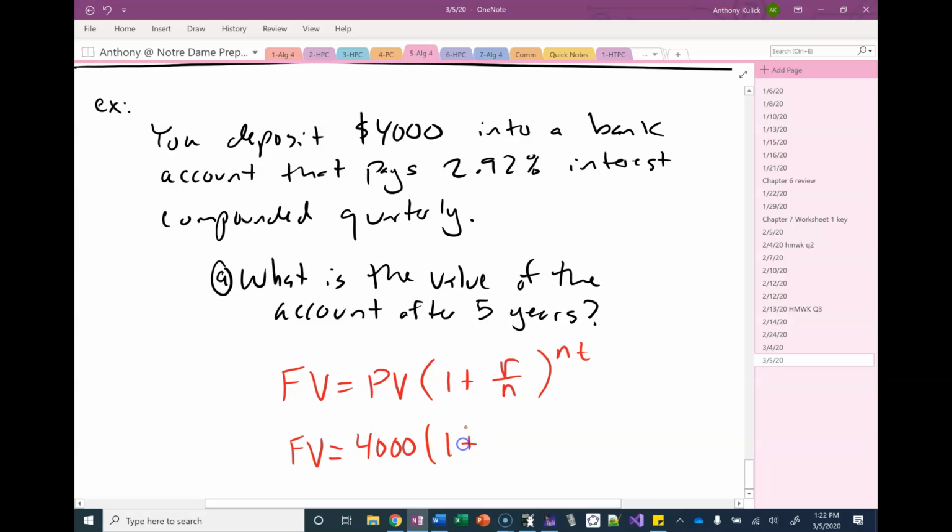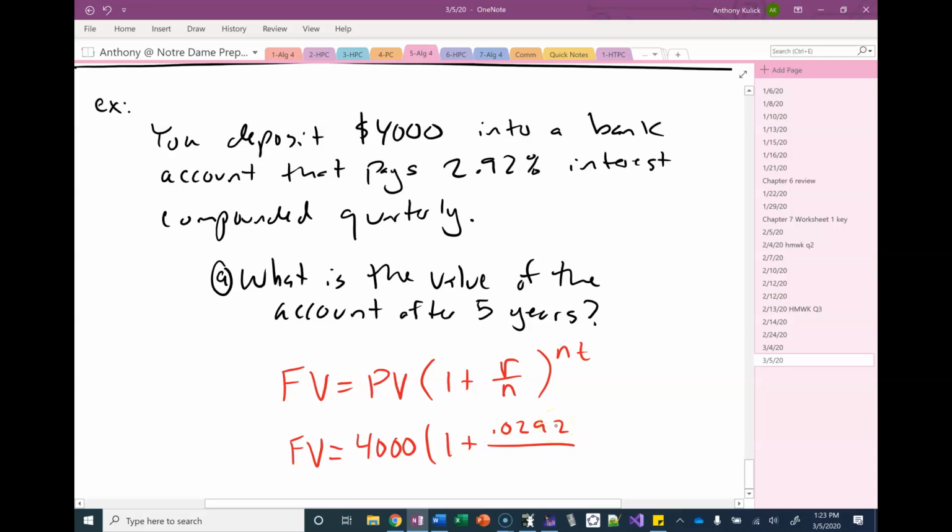Okay. Next thing we need is the interest rate, r. What is the interest rate? So the interest rate is 2.92%, but we need to write that as a decimal, which would be not 0.292, 0.0292. Remember, you have to divide by 100 to convert a percentage into a decimal.